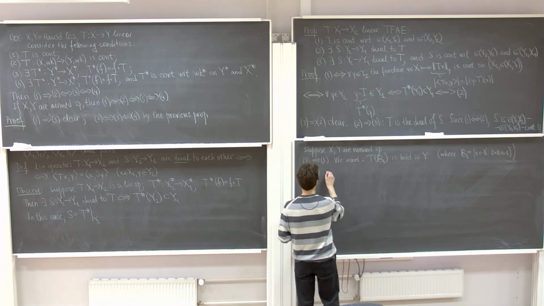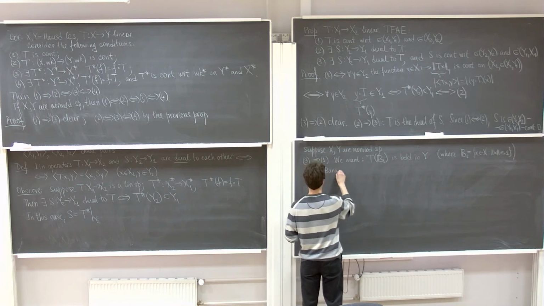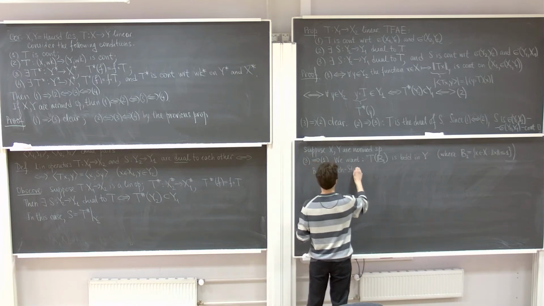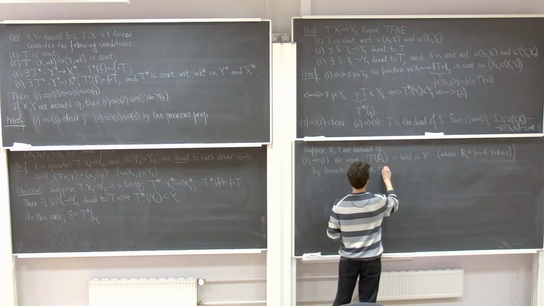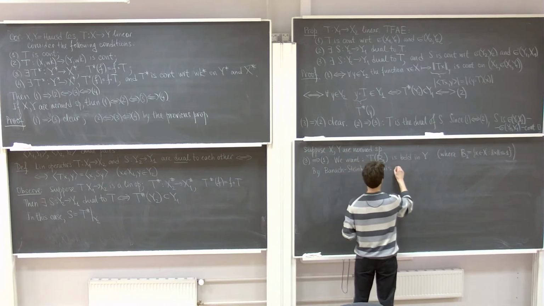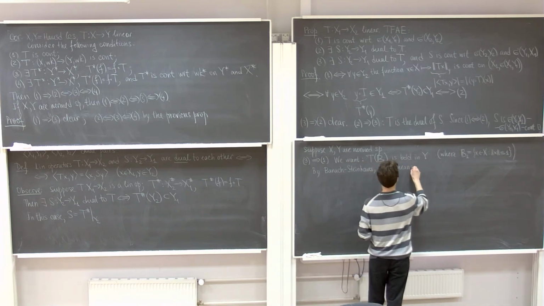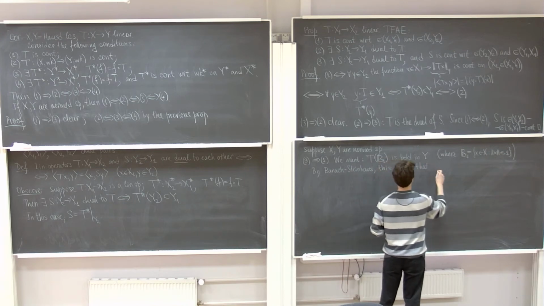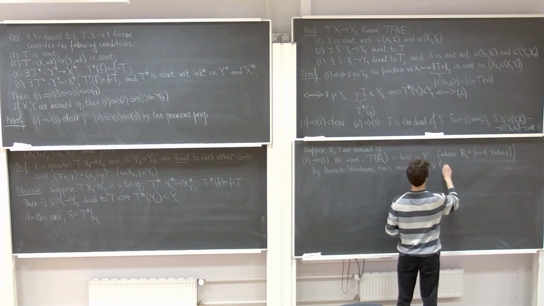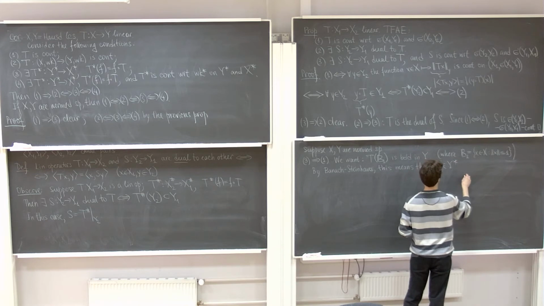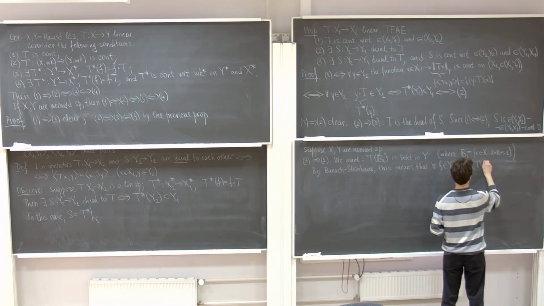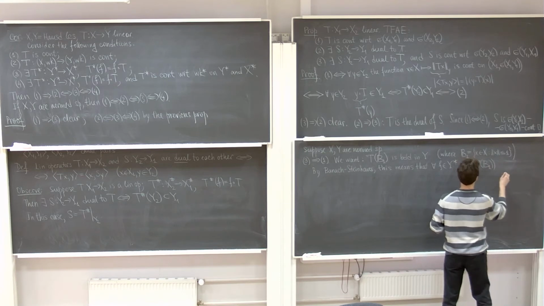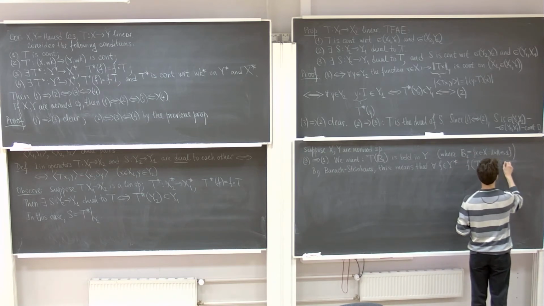So by the Banach-Steinhaus theorem, this means exactly that for each f in Y star, f takes this hypothetically bounded set to a bounded subset of the base field.